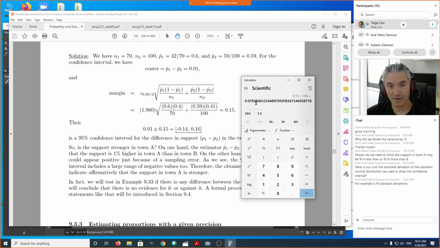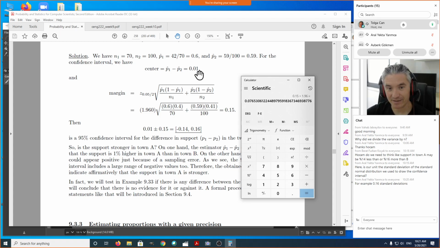So you get yourself here 0.01 as the difference, but its standard deviation is actually 0.07. It fluctuates a lot.